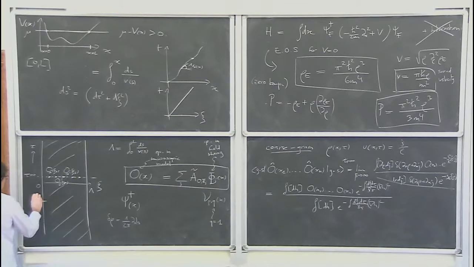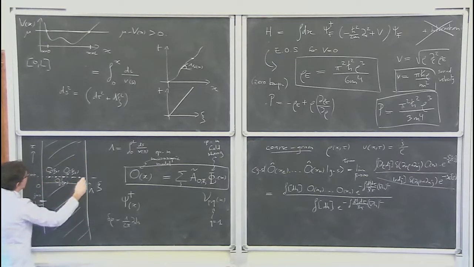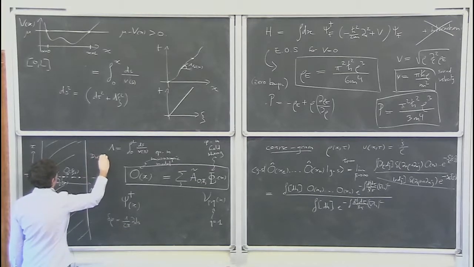So the current here has to vanish, because it's just the edge of the cloud. There are no atoms coming in or out. And so this means that d tau h has to vanish, because d tau is the current. So in other words, h has to be constant along this line. It also has to be constant along here. So in other words, we have Dirichlet boundary conditions.